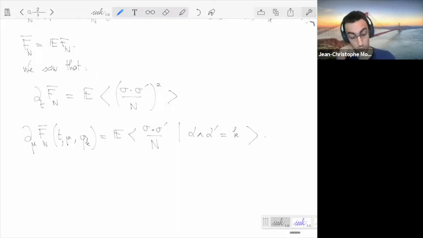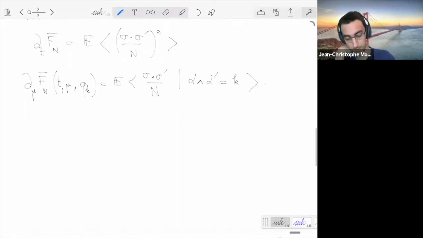What does the conditional variance mean? Let me write it down. I claim we should be able to get our error term in this form: this minus the conditional expectation given the alpha overlap, squared.